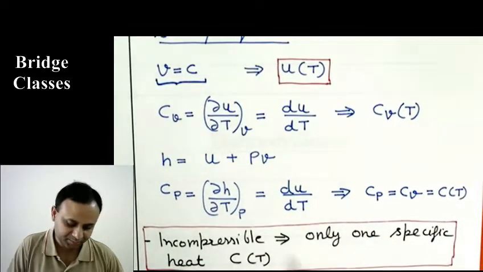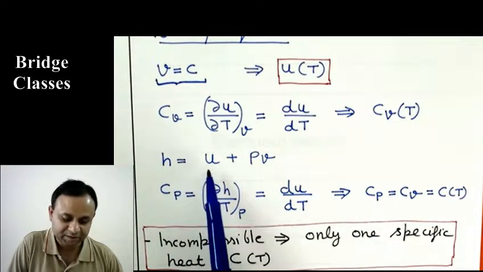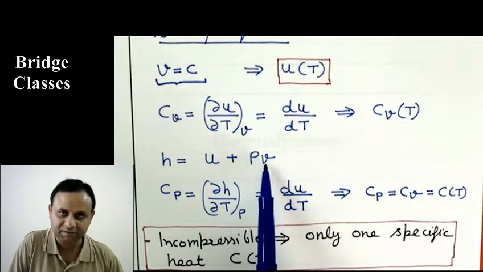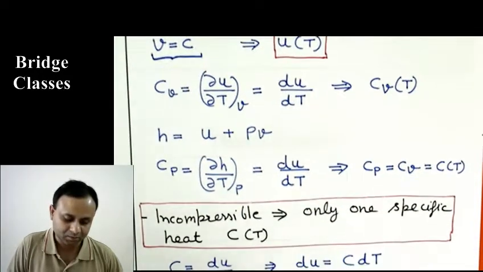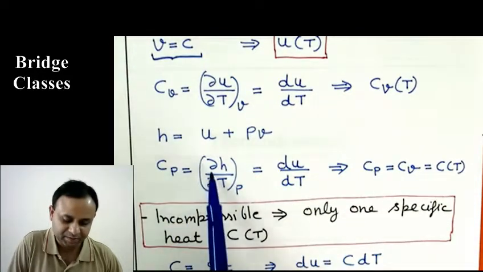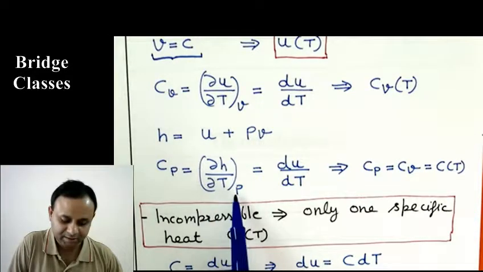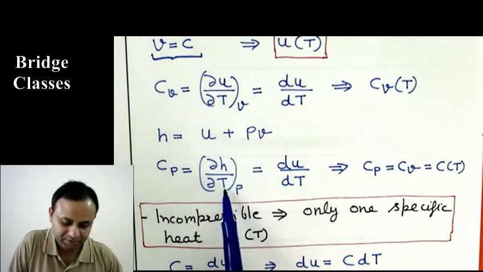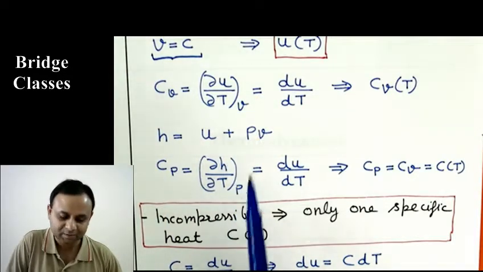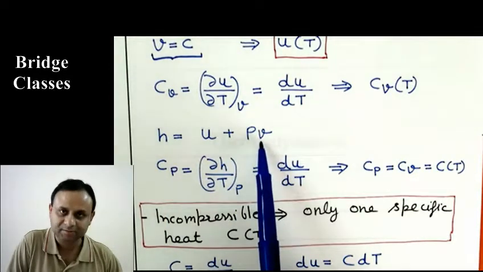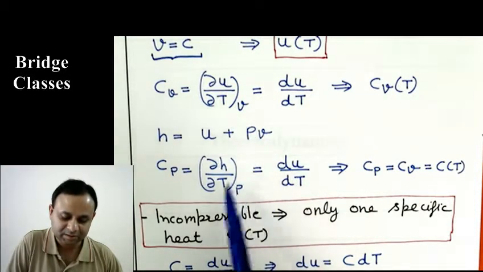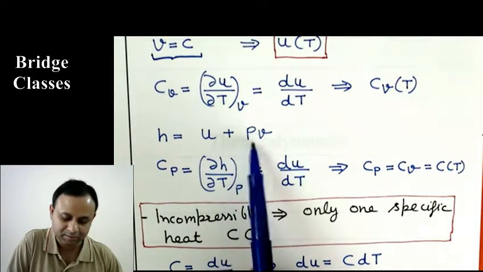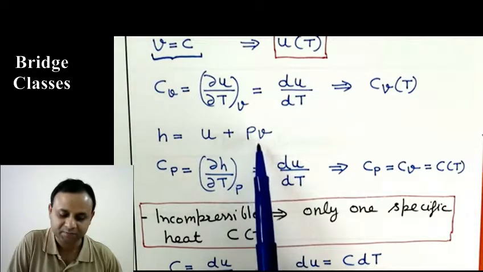Now look at enthalpy. Enthalpy by definition is U plus PV. Now the definition of CP is del H del T at constant pressure. So if we differentiate this with respect to temperature at constant pressure, you see V is constant, incompressible substance, and we are keeping P also constant. So this term is constant, its derivative will be 0.